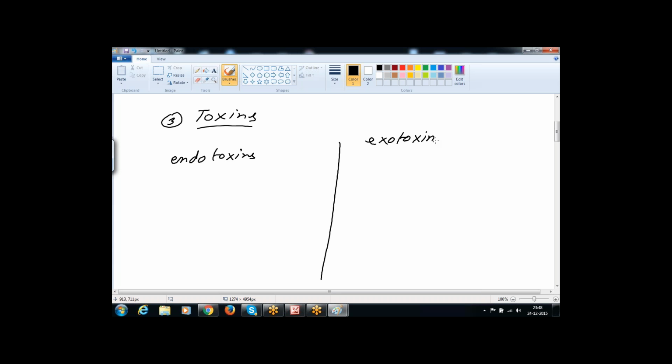Now the basic difference between them is that exotoxin is released by bacteria. So bacteria are releasing this toxin to damage the host cells. Whereas endotoxin is never released by bacteria. It is part of the bacterial cell wall.